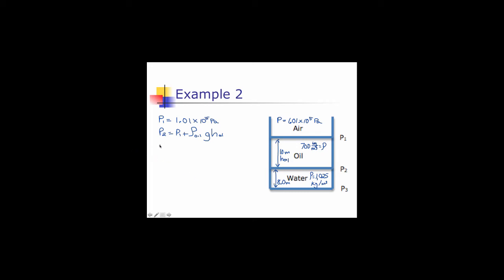Okay, so P2 would be equal to 1.01 times 10 to the 5th plus 700, make sure you're in kilograms per cubic meter, times the acceleration due to gravity, 9.8, times 10.